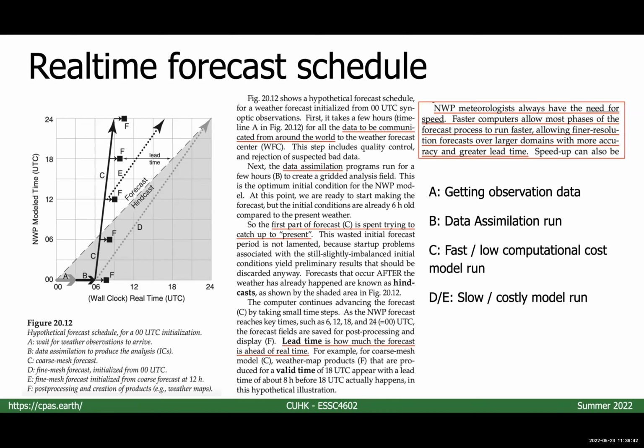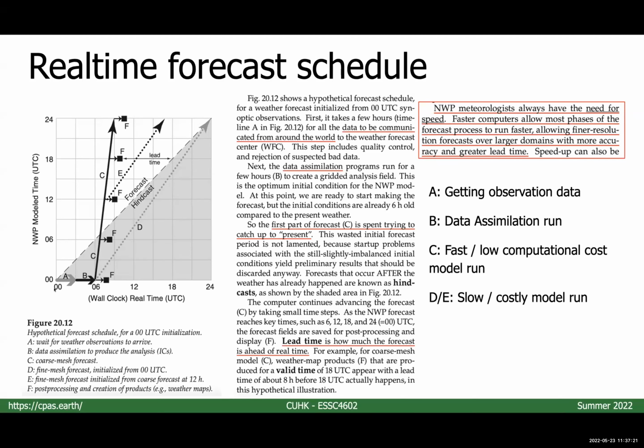That organization will collect all data uploaded to them and prepare it in some format common for all users to use, and then put it on a download site for people who want the data to download. But for the data to be available on the download site, it may take several hours. So the time when you have that observation data ready is usually 1 hour or several hours after that time actually happened.